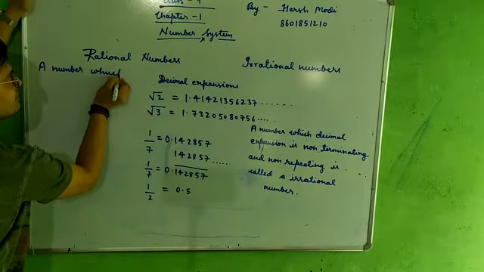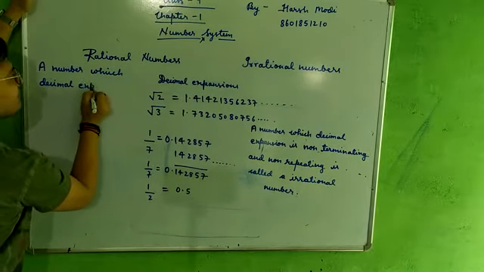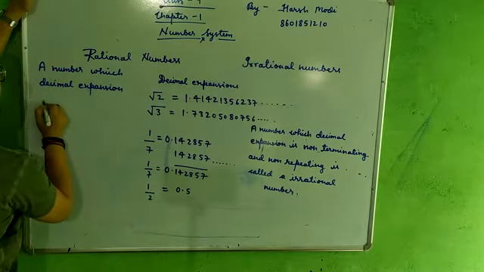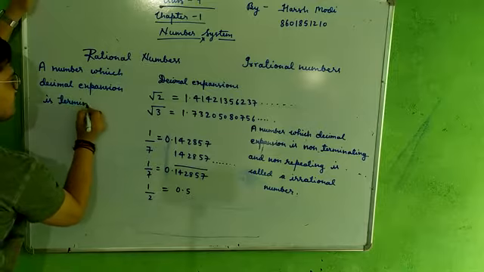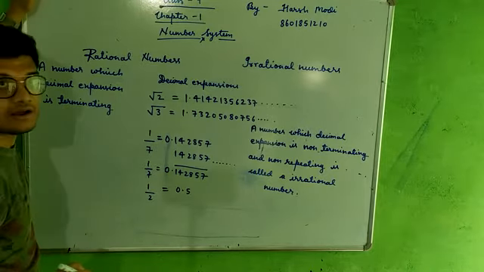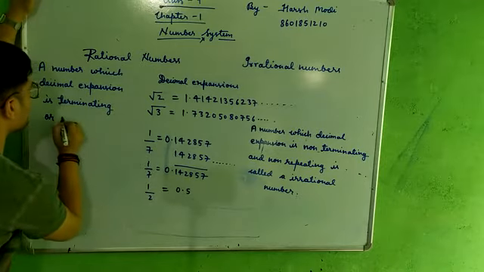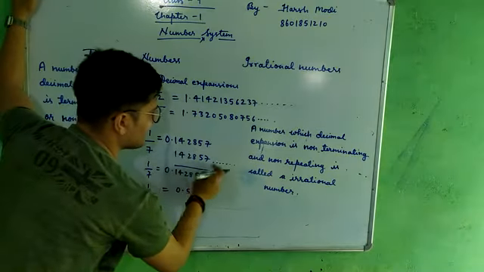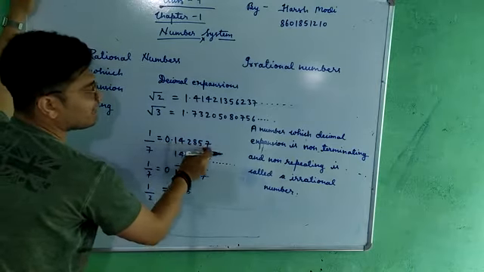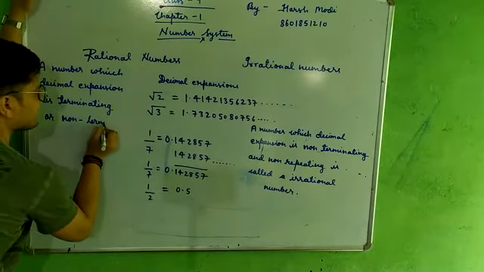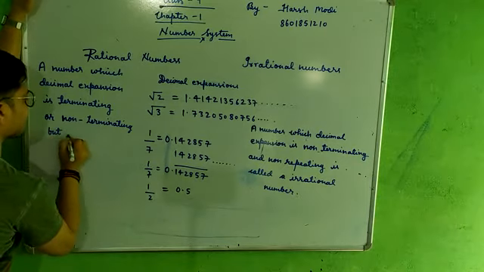So the definition for a rational number is a number whose decimal expansion is terminating or non-terminating but repeating. For 1/7 it is not terminating; we get continuous repeating digits 1 4 2 8 5 7, so non-terminating but repeating.